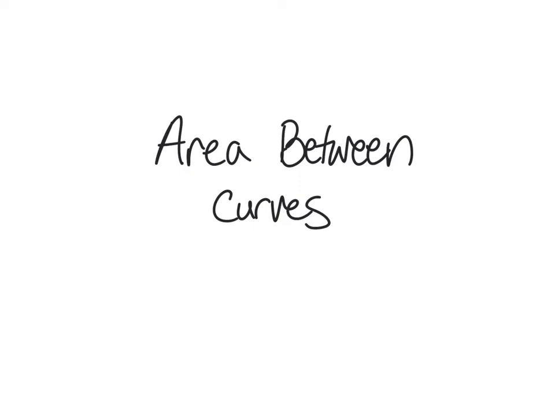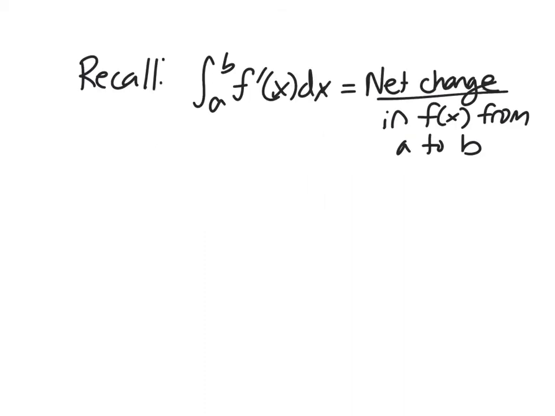Hello everyone. In this video we will talk about using the definite integral to compute area between curves. So I want you to recall that if we want to find the net change in some function f on a time interval, say from a to b, then we would look at this integral from a to b of its rate of change.